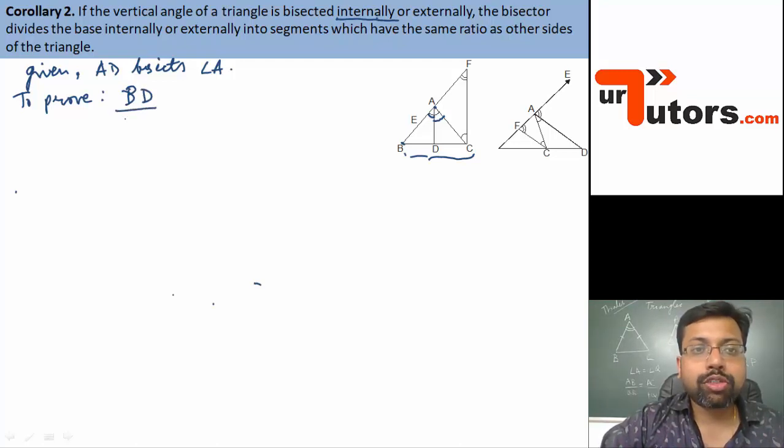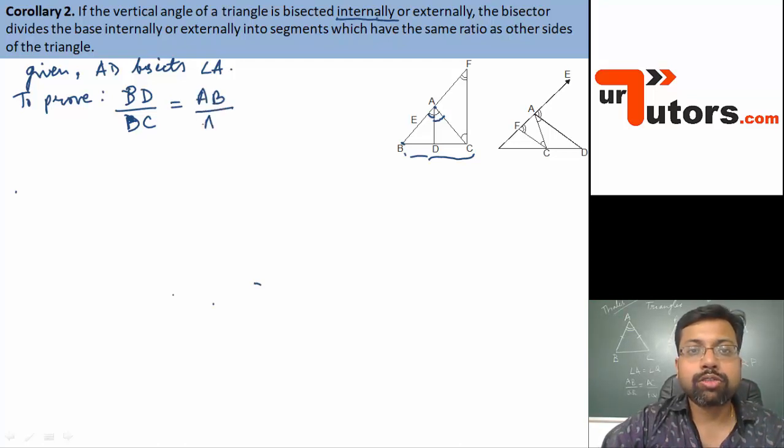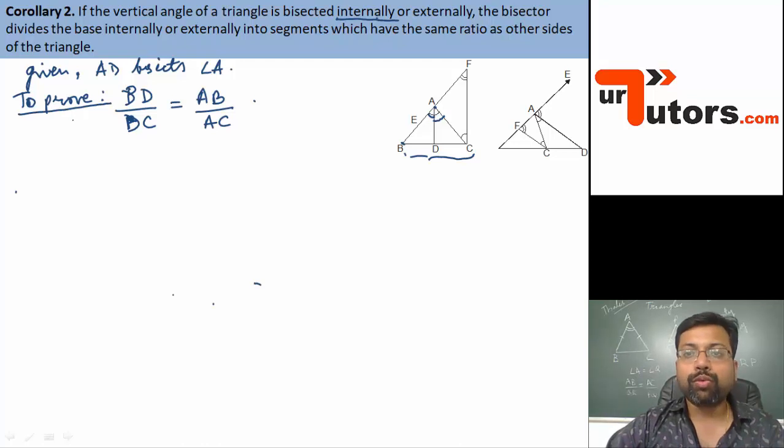So it divides the base into the ratio BD by DC in the same ratio as the other two sides. So the other two sides are AB by AC. So this is what we have to prove. This result again can be used directly in the questions that you solve later on. You don't need to prove it each time, and this is a very important result. Okay, so this is in case of internal division. Let's see how we prove it.